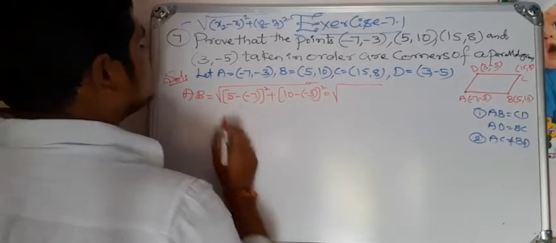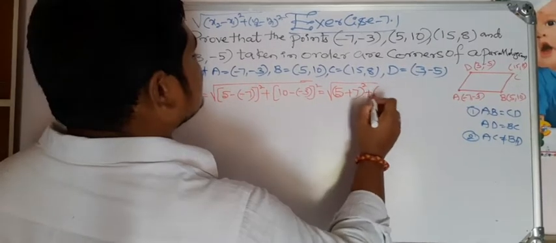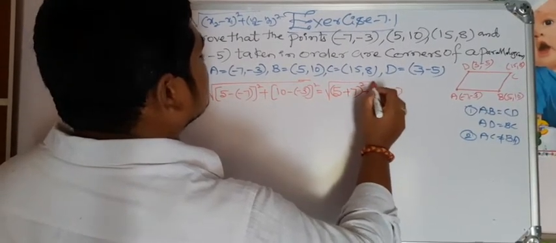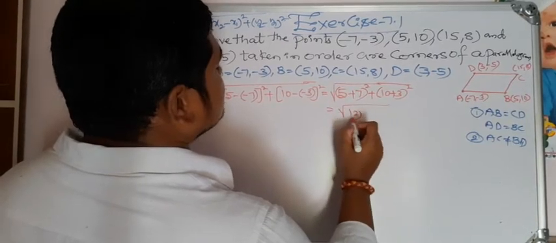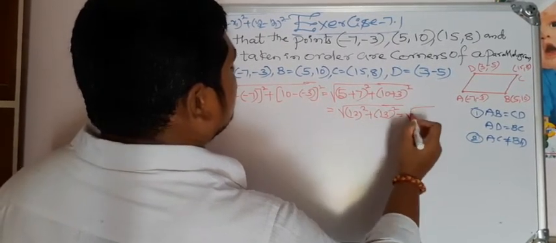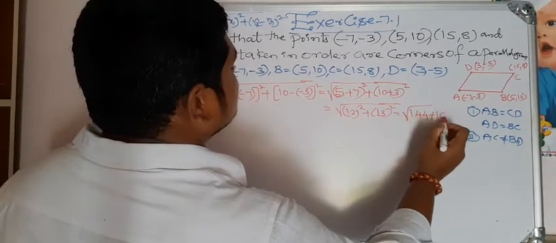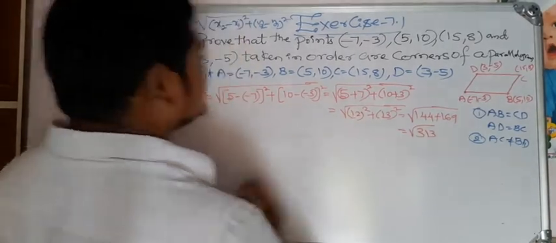So it is equal to (5 plus 7) whole square plus (10 plus 3) whole square, which is 12 square plus 13 square. So it is equal to root of 144 plus 169, which is root 313.